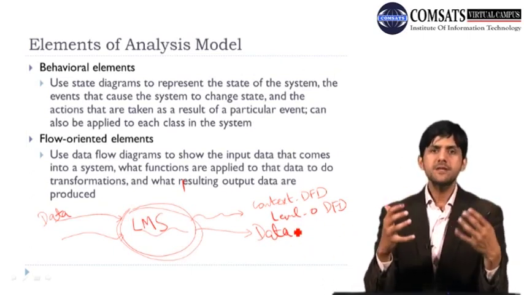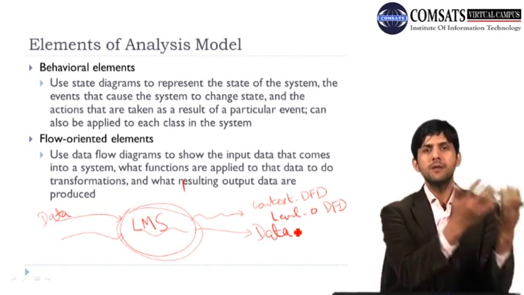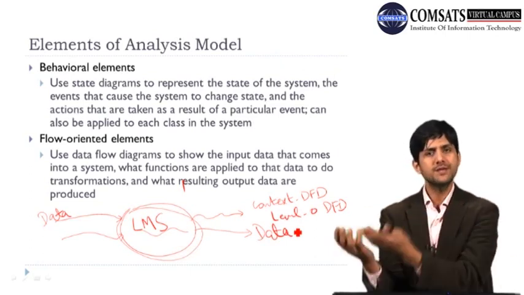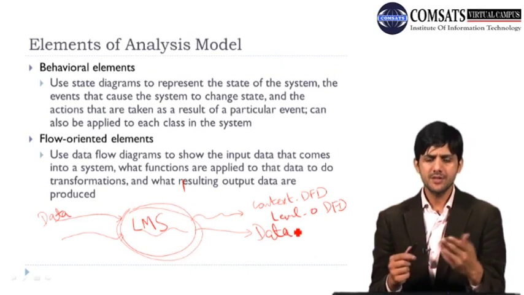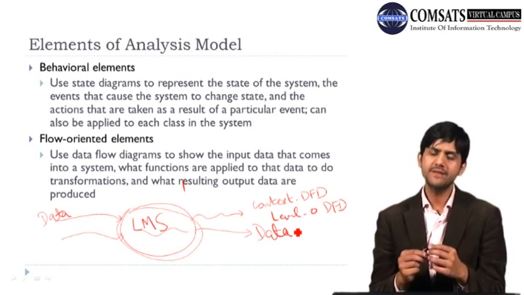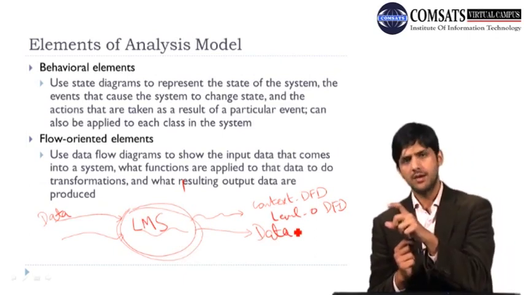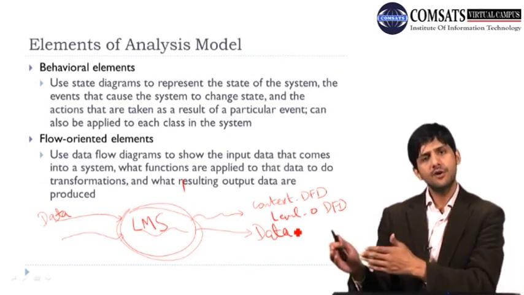So a computer system is nothing more than something that processes some information based on some input that you put into the system, and it produces something. So it takes some input and produces an output. Data flow modeling is a very interesting form of modeling, because it helps us identify the possible inputs to my system and what the outputs of the system would be. This is the level 0 DFD. Then we have multiple levels of DFDs.